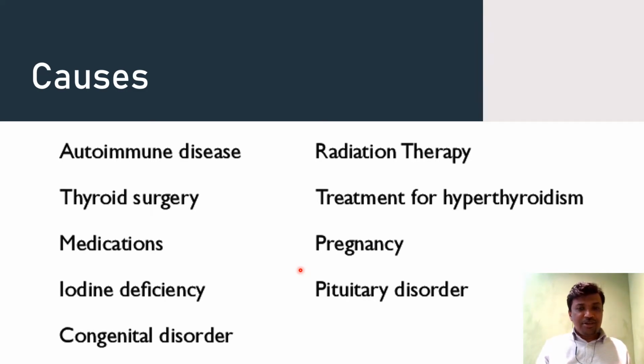This is called central hypothyroidism. One important thing to remember here is your TSH levels won't be going up because there is no pituitary to produce TSH. So this is one of the conditions where you can get a low free T4 with a relatively normal or low TSH. So this is inappropriately normal or low. You have to think about central causes and look for pituitary pathologies there.